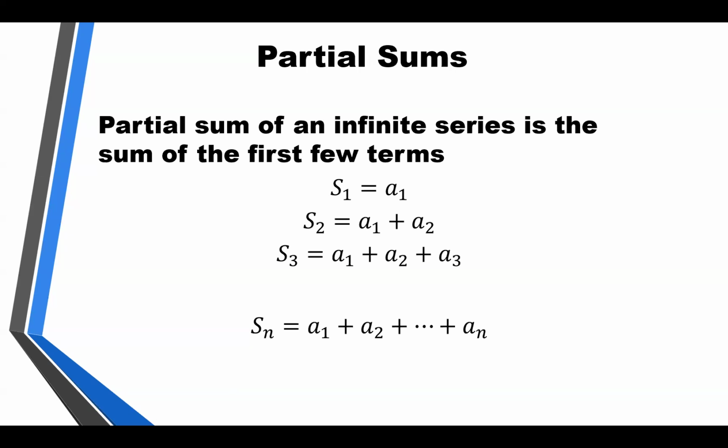And what we look at is the partial sums. S1 is just the first term by itself. S2 is the sum of the first 2 terms. S3 is the sum of the first 3 terms. S4 would be the sum of the first 4 terms. Sn is the sum of the first n terms.